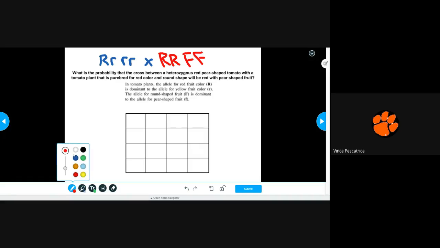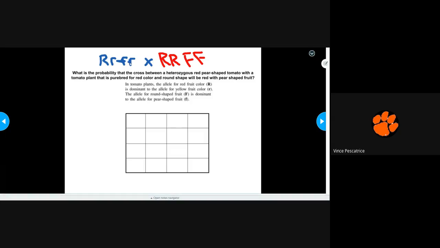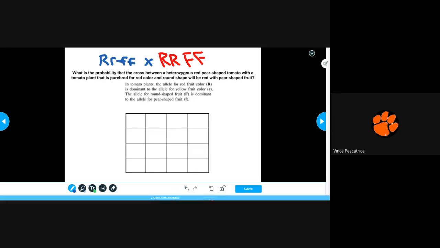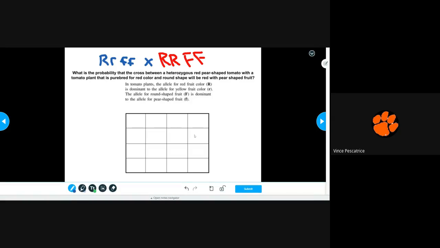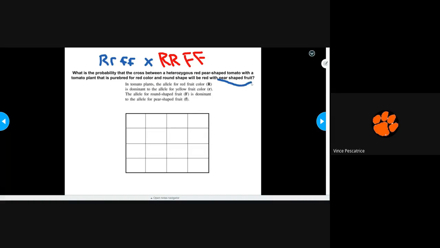I realized I made a mistake. These are supposed to be F's. So if you think about it, the pear shape is what it wants here.